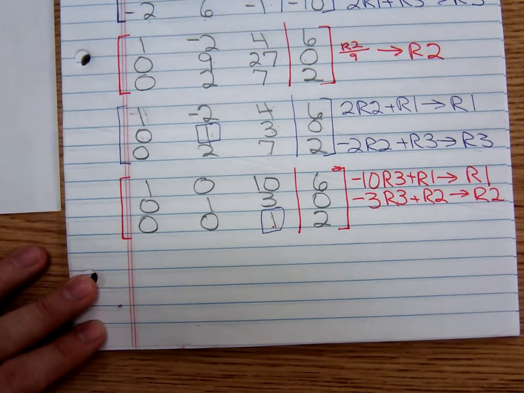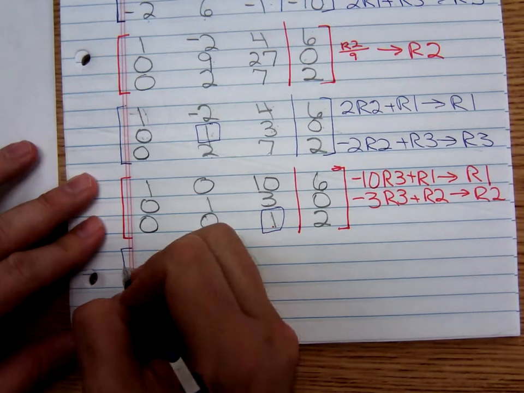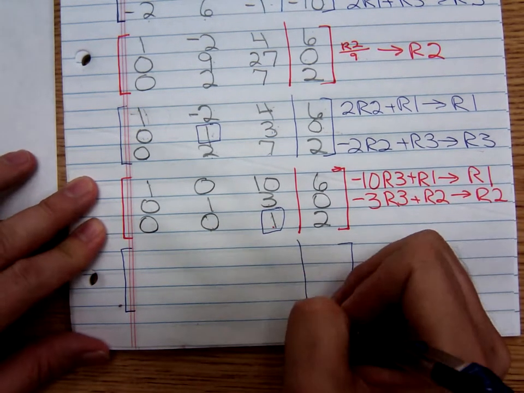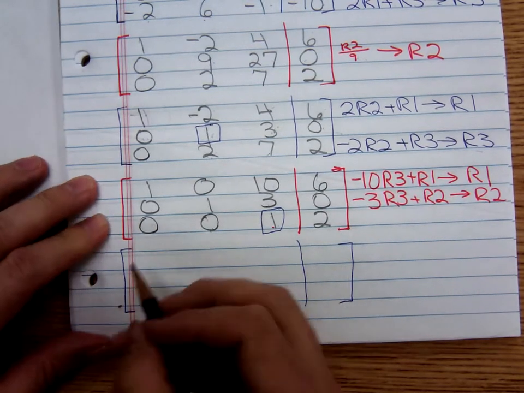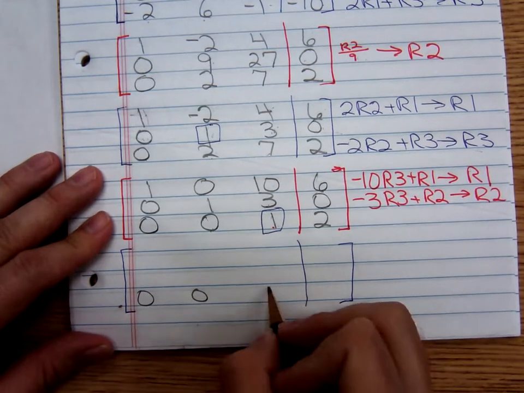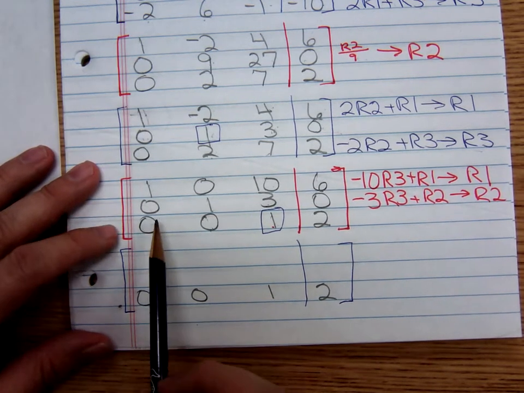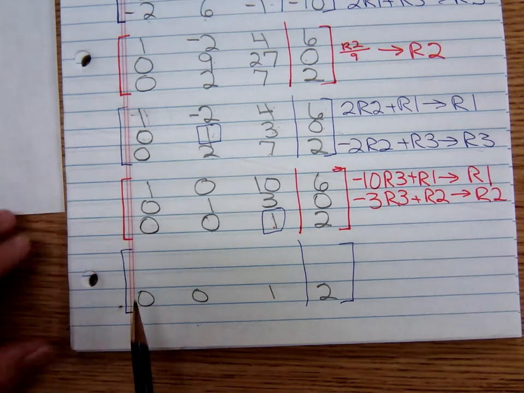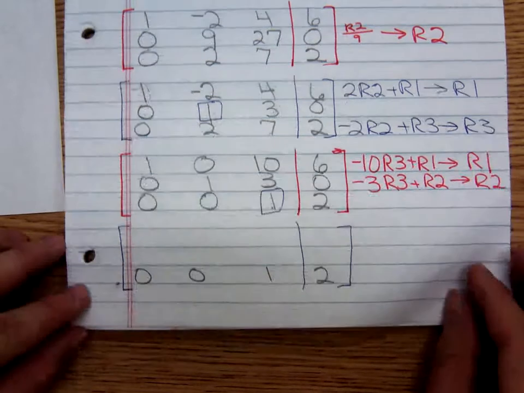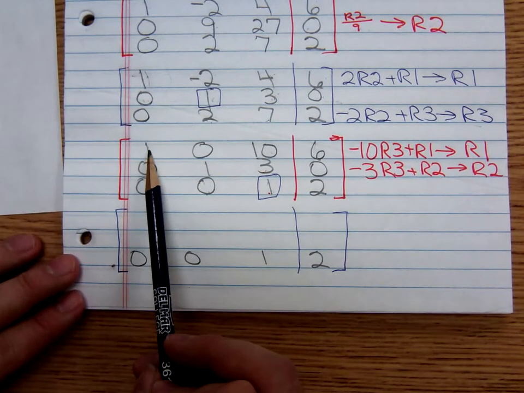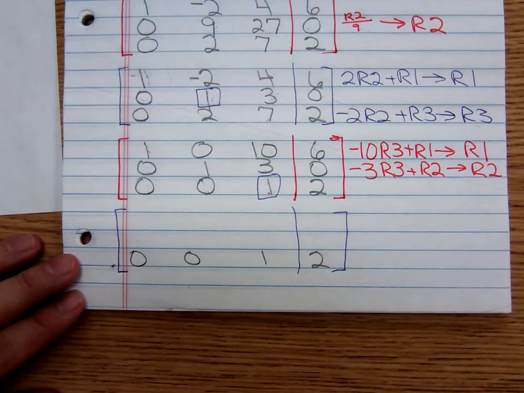So there's not another row to go down to get a leading 1, so after this we should be finished. Row 3 is just being recopied. Here we go. Multiply by negative 10 and add it. 1.